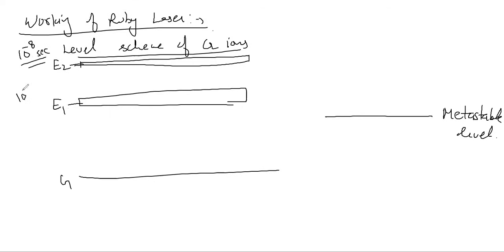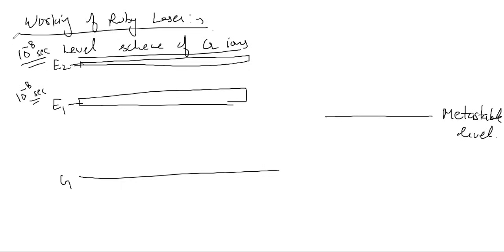So both of these have a lifetime of 10 raised to power minus 8 seconds. But there are certain states in the excited spectrum that have a slightly longer lifetime, and those particular states are called metastable states. And what do I mean by slightly longer lifetime? That means lifetimes which are greater than 10 raised to power minus 3 seconds or so.